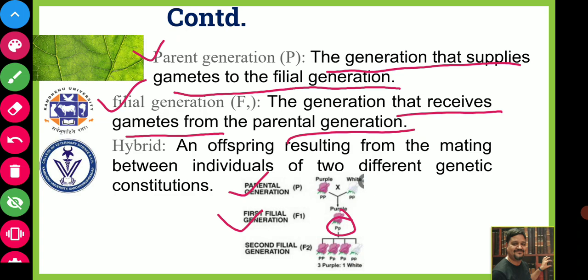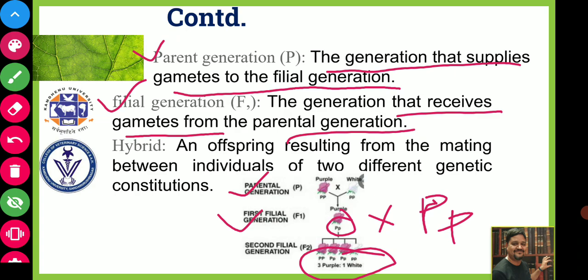If we cross capital P small p with capital P small p, there will be formation of the second filial generation. We will see that when we study Mendel's law. For right now, you have to remember that the parental generation gives gametes to the filial generation, and the filial generation receives gametes from the parental generation.